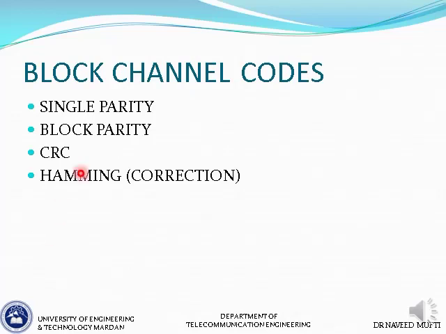Some of them might be a repetition because they are so simple that you might have studied them elsewhere in your undergrad courses. Anyways, the simplest form of block channel code is single parity, and we can also have block parity, better known as BCC. Then we have the cyclic redundancy checksum, CRC, and finally we will be looking at Hamming code.